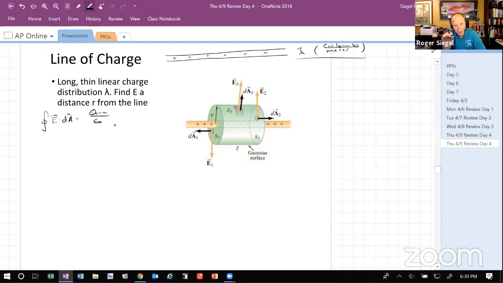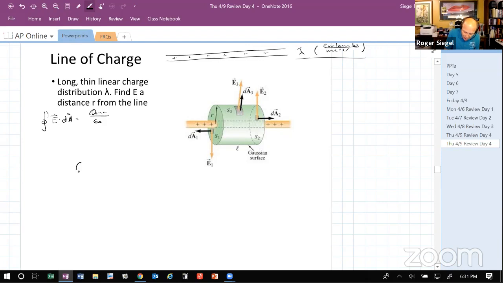Well, with a point charge, or with a spherical charge, we chose a spherical Gaussian surface because at every point on that Gaussian surface, the electric field was exactly parallel to the area vector.